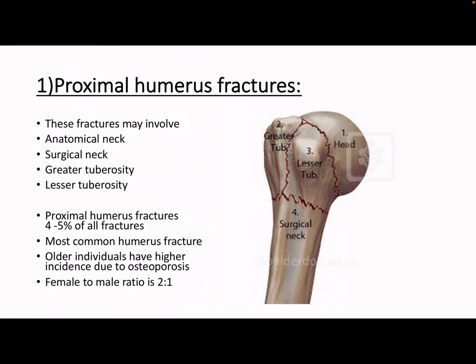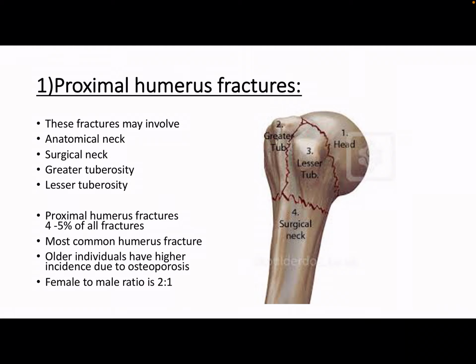Now the proximal humerus fracture. Just see here, the different fractures are being depicted. This is the head, the greater tubercle, the lesser tubercle, and the surgical neck. See how the fractures can take place. They can involve the anatomical neck, the surgical neck, the greater tuberosity or the lesser tuberosity.